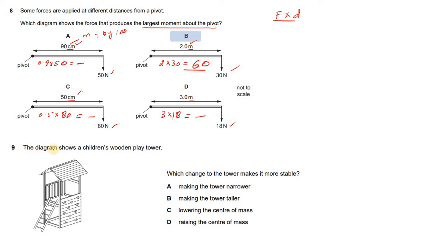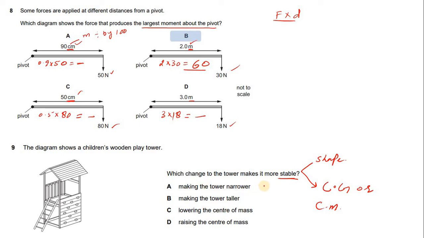The diagram shows a children's wooden play tower. Which change to the tower makes it more stable? Stability depends upon two things. Number one is the shape, and more importantly, the center of gravity or center of mass, CG or CM.